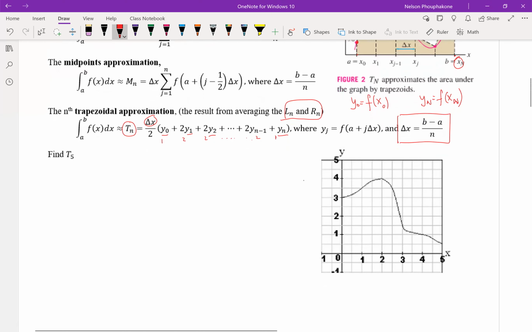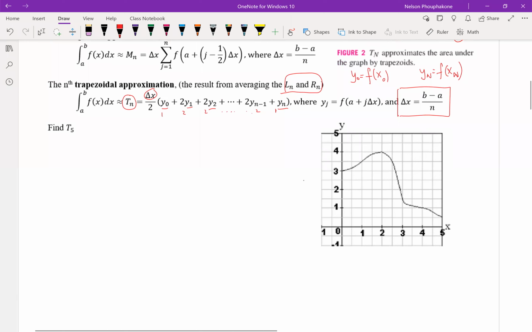Let's try the following example. I would like to find T sub 5. The interval that we are working with is from x equals 0 to x equals 5, and because it's T sub 5, n is equal to 5.